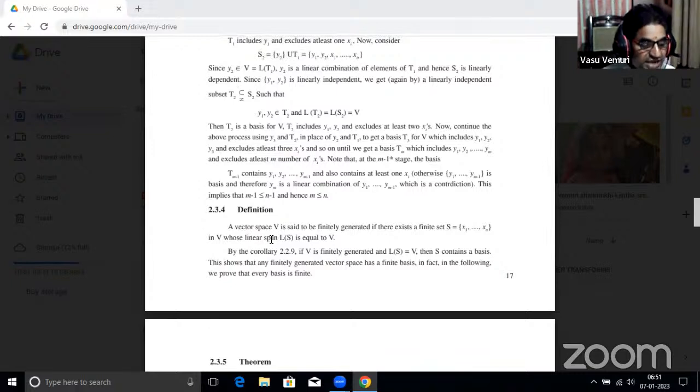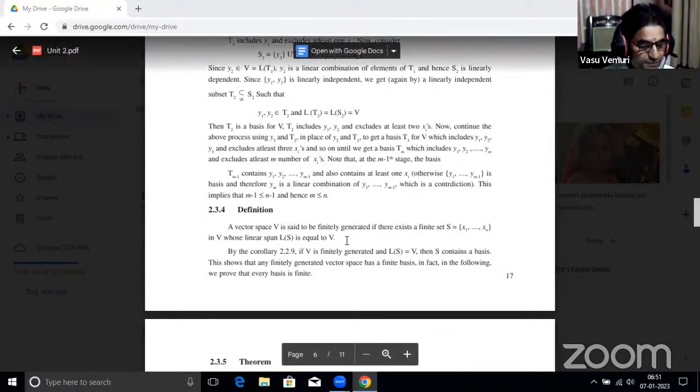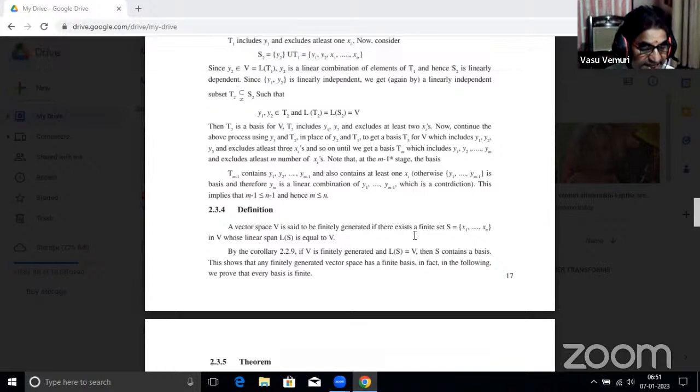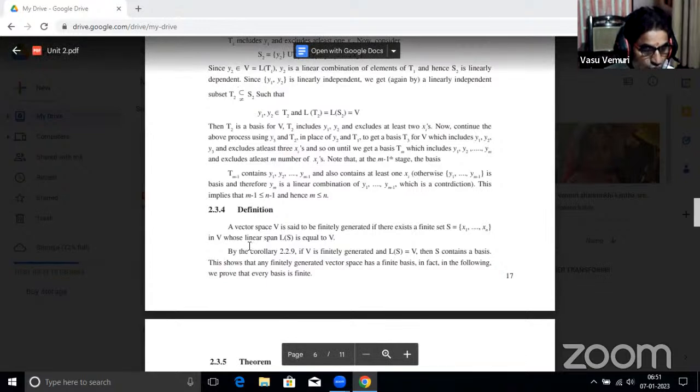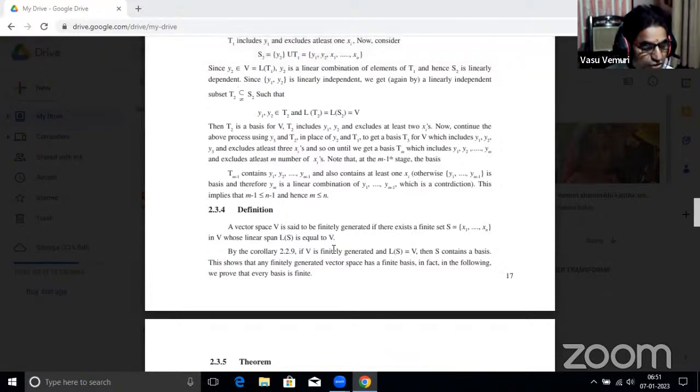Listen carefully. A vector space V is finitely generated if there exists a finite set S, consisting of the elements x1, x2, and so on, xn in V, whose linear span L of S is equal to V.